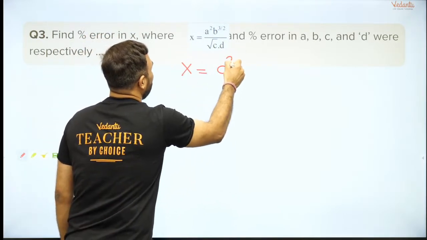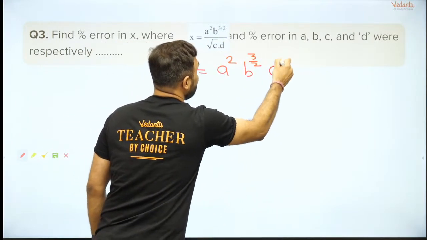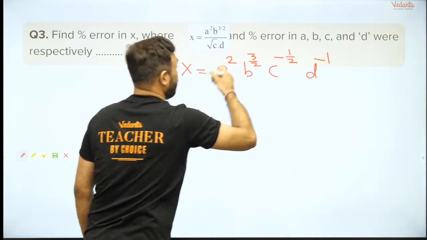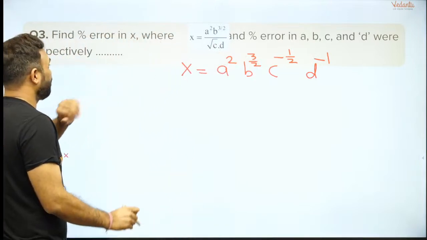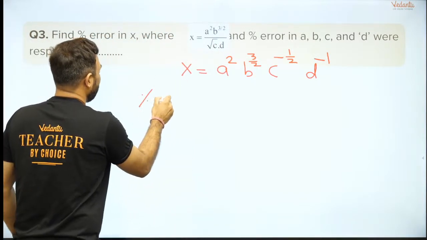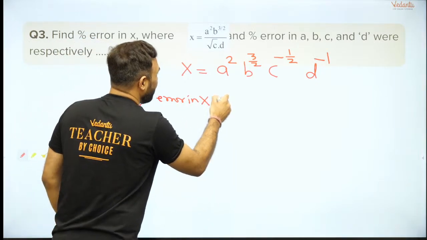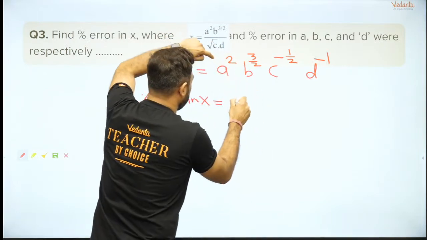Okay, now again, this problem was based on percentage error. And if you know the formula, x was given to you, you just write the powers properly. A raised to the power 2, b raised to the power 3 by 2, c raised to the power minus 1 by 2, and d raised to the power minus 1. If you remember, when you calculate percentage error in x, how do we write that?